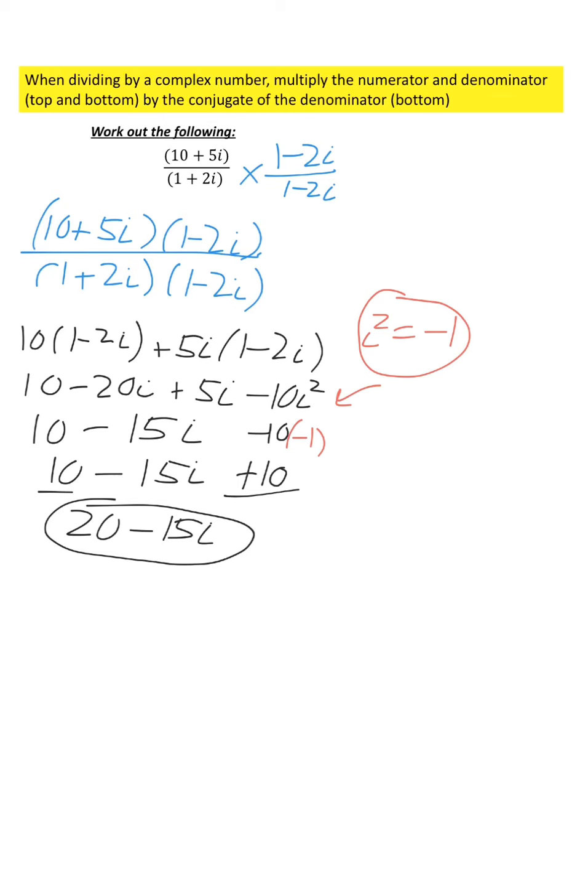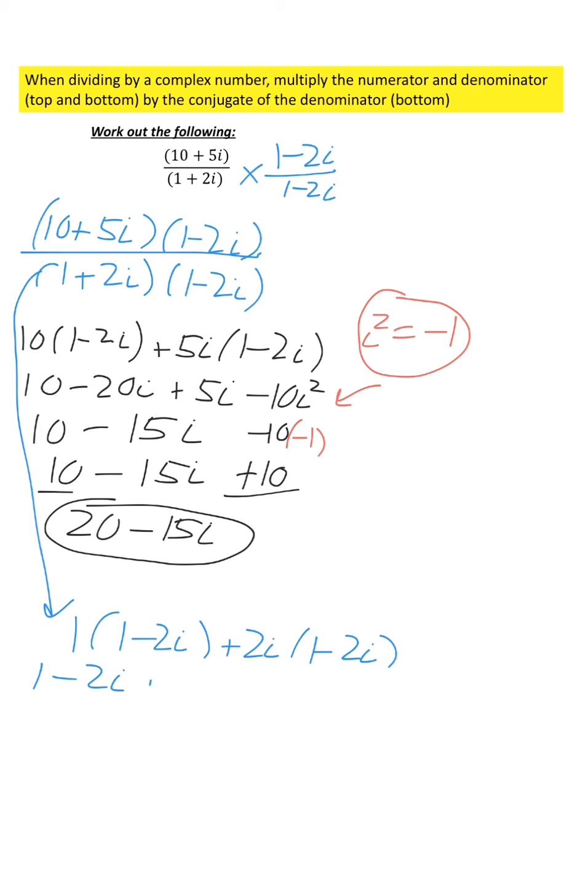Okay, for the bottom then, the denominator, I'm going to go back now to this. So let's expand these brackets. I have 1 times (1 minus 2i). Then plus 2i times (1 minus 2i). Expanding this, I'll have 1 minus 2i plus 2i minus 4i squared.